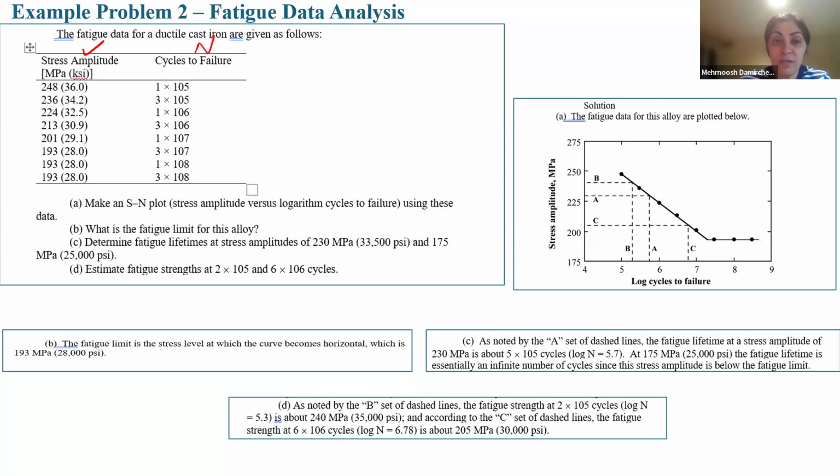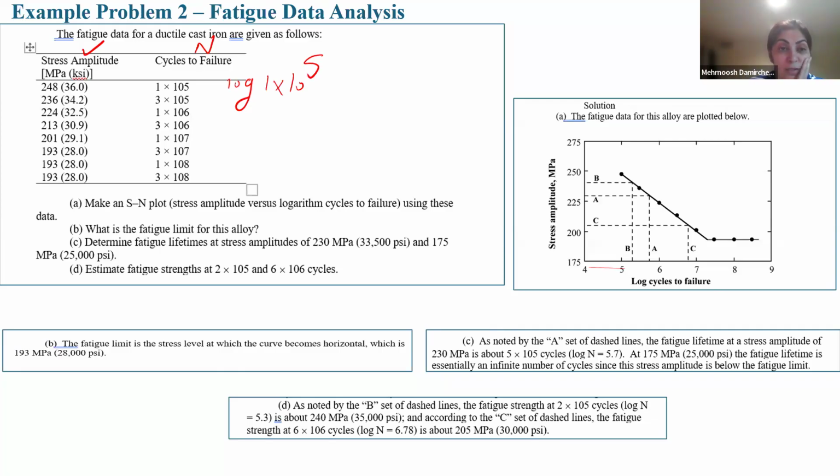It's easy: plot S versus the logarithm of N, for example the log of 1 times 10 to the 5. We plot that and we reach this graph.